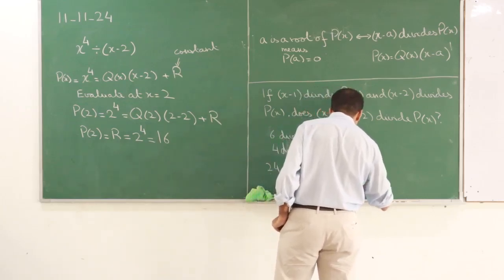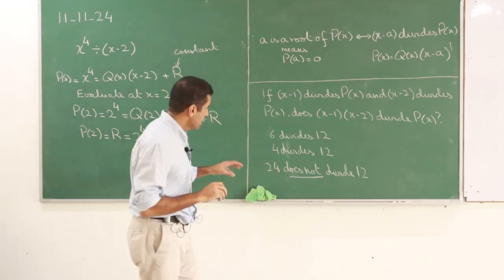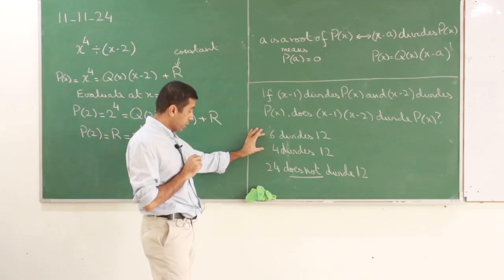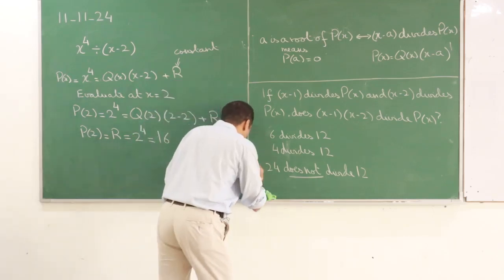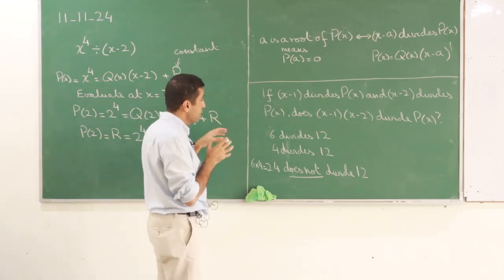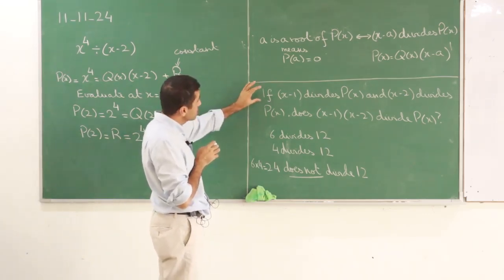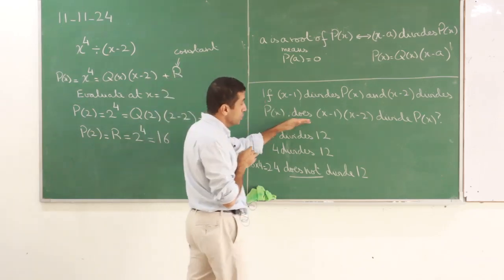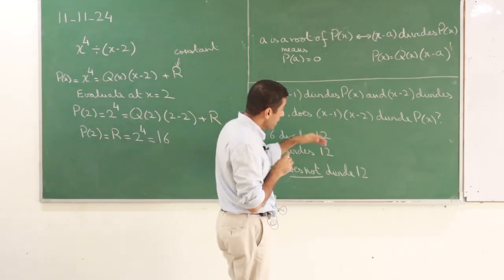So you should understand this fact that 6 divides 12, 4 divides 12, but the product, which is 6 times 4, clearly does not divide 12. So here we have a very similar case: x minus 1 divides p, x minus 2 divides p. The question is, does the product divide p?